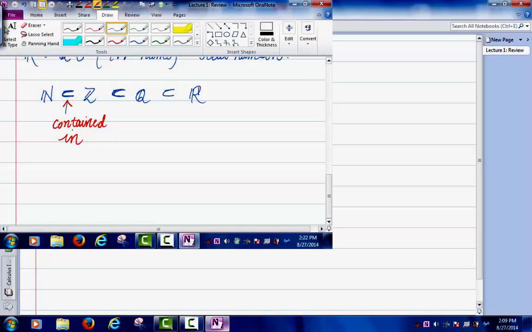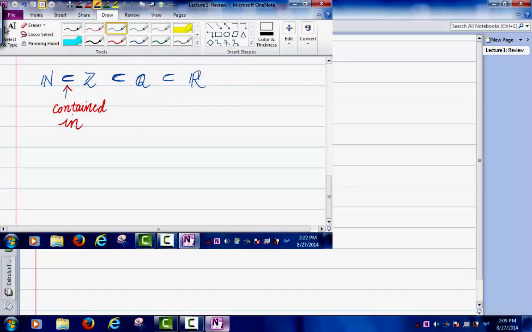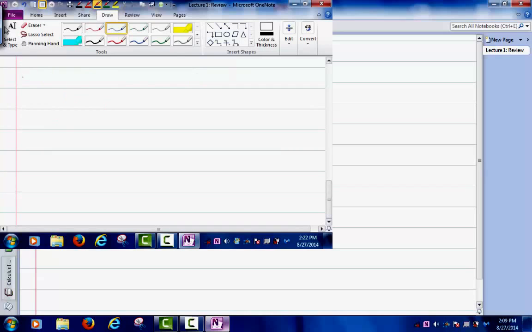And to answer that, we are going to use the number line. So here's the real number line. And what is the real number line?